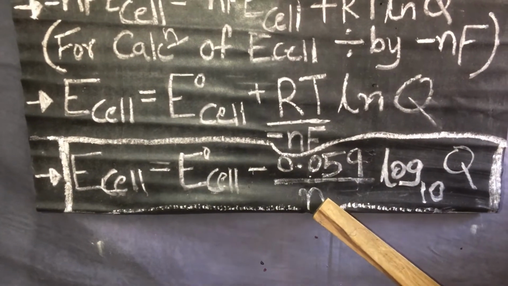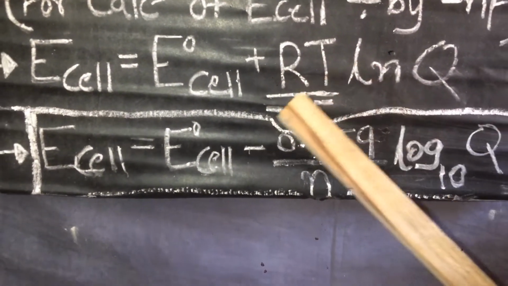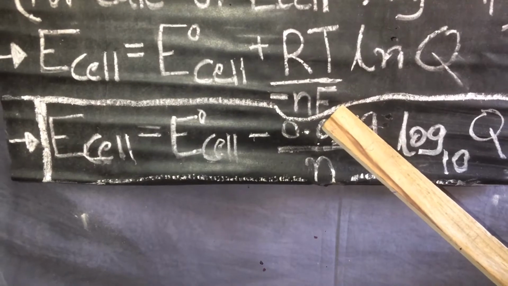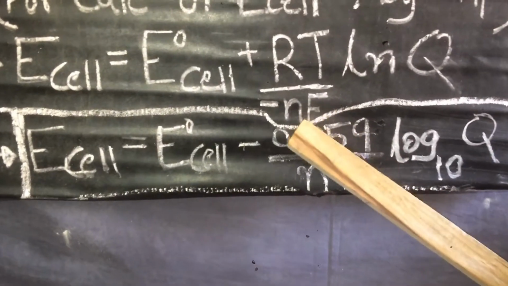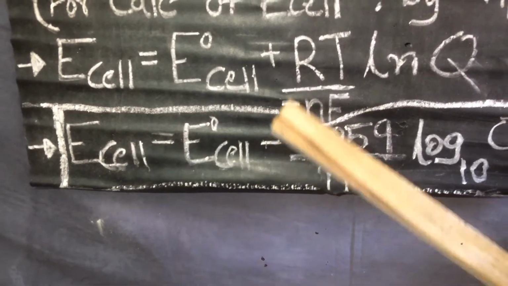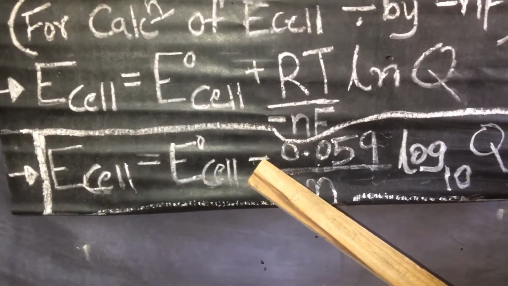Now pay attention here. Here it is RT upon minus nF. Making the denominator standardized, we multiplied the negative sign to the numerator and we got here negative.